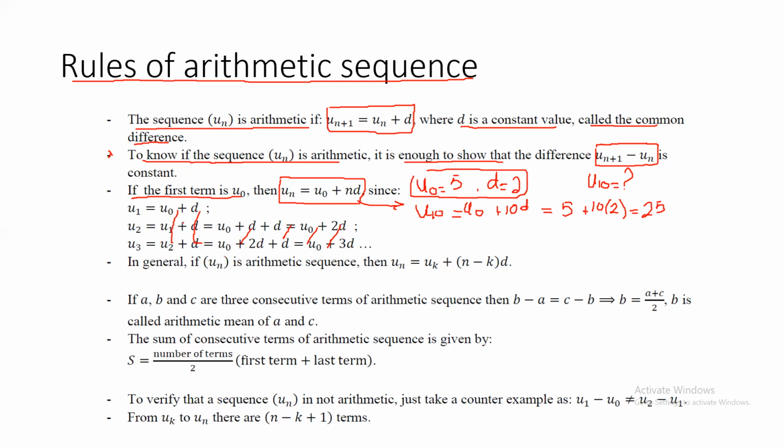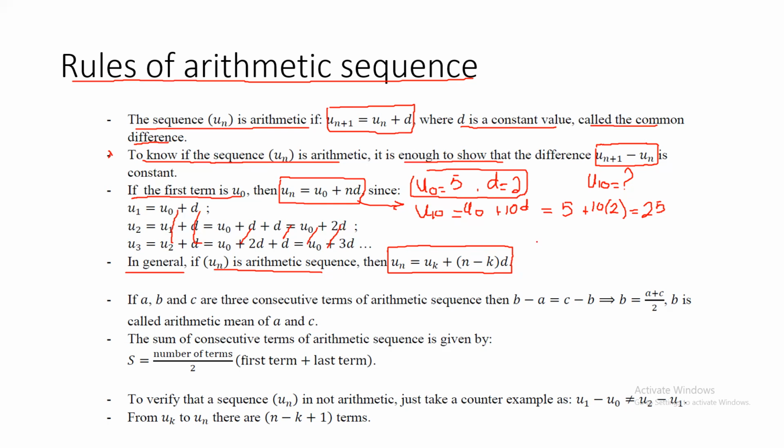Now, sometimes the first term is not u_0. In general, if u_n is an arithmetic sequence, then u_n equals u_k plus (n minus k) times d. If the first term is not u_0, u_n equals u_k plus (n minus k) times d.